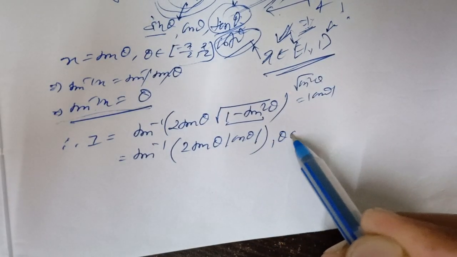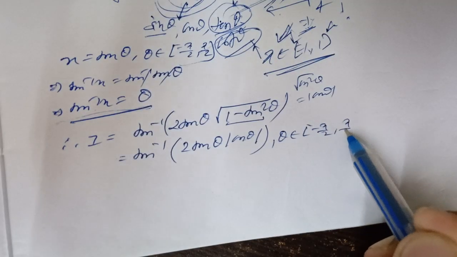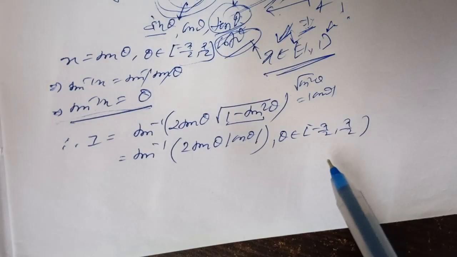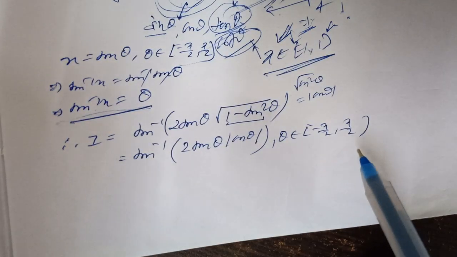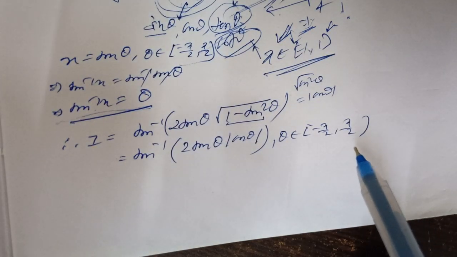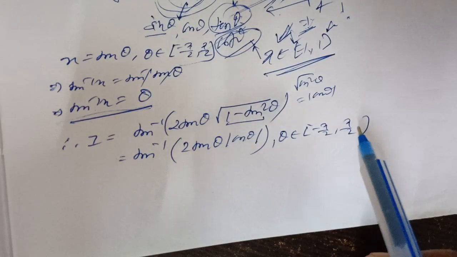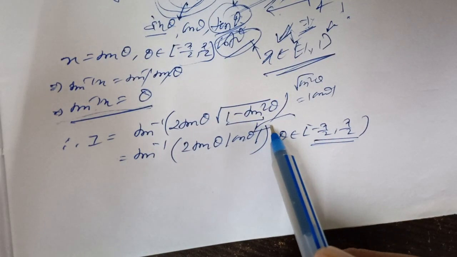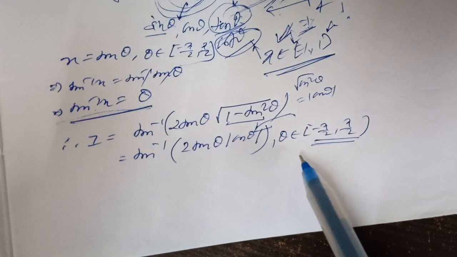Now theta we know belongs in the interval -π/2 to π/2. If you don't know trigonometry, then I cannot help you, because going through those basics will make the video very large. In this interval, cos theta is always positive.